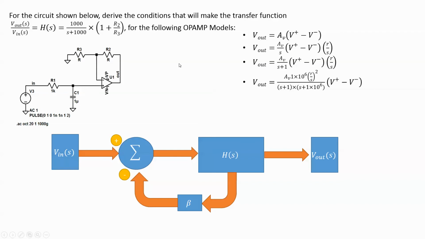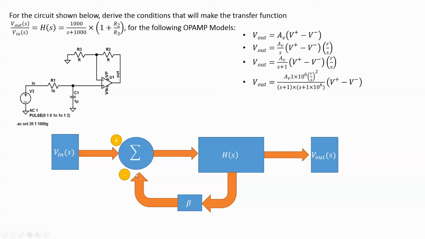Now let's say we want to determine when this circuit will behave like this ideal transfer function, right? And we have 4 cases: a finite model, the ideal integrator model, low pass filter model, and a second order model.